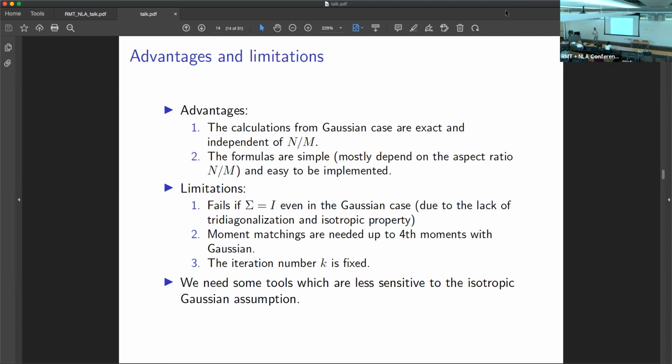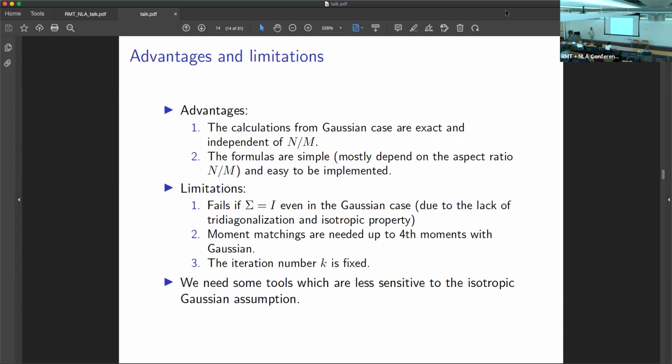The second limitation is that because of the comparison procedure, they have to make sure the first 4 moments match. However, in the random matrix community, because this kind of analysis is mostly a bulk analysis, we believe only matching the first 2 moments is sufficient. If you have the 4th moment, probably the only thing that changes is the variance part.